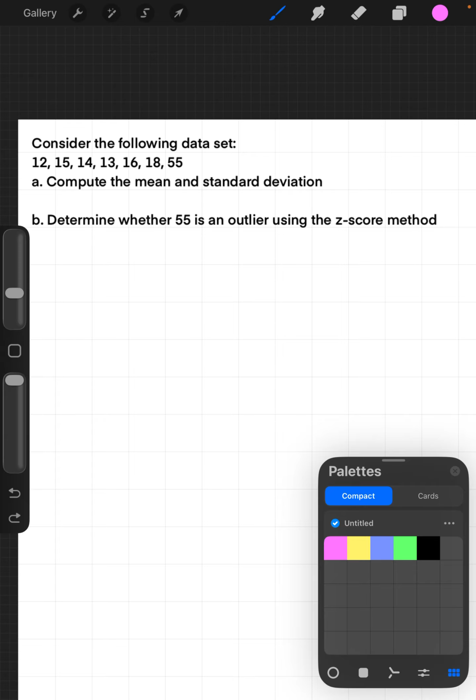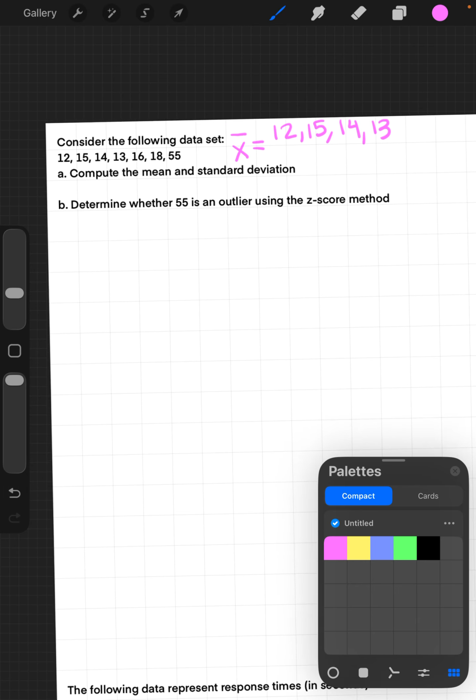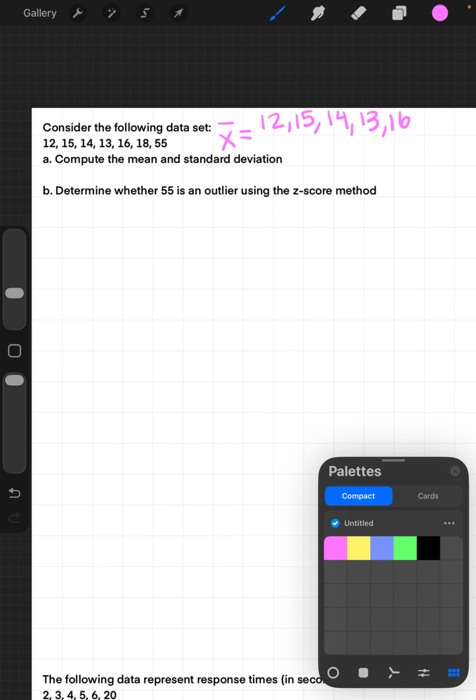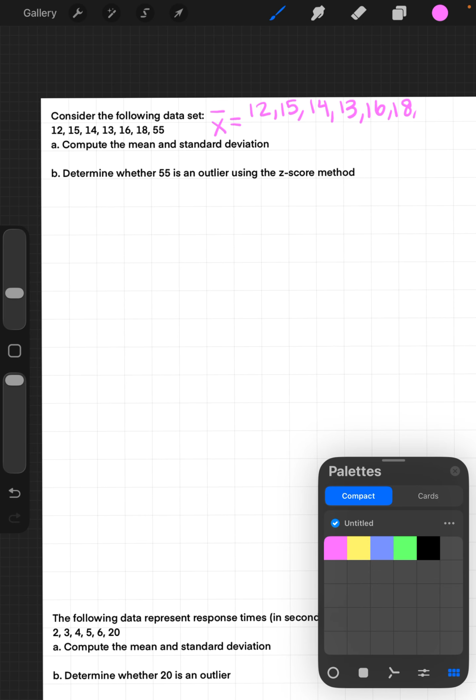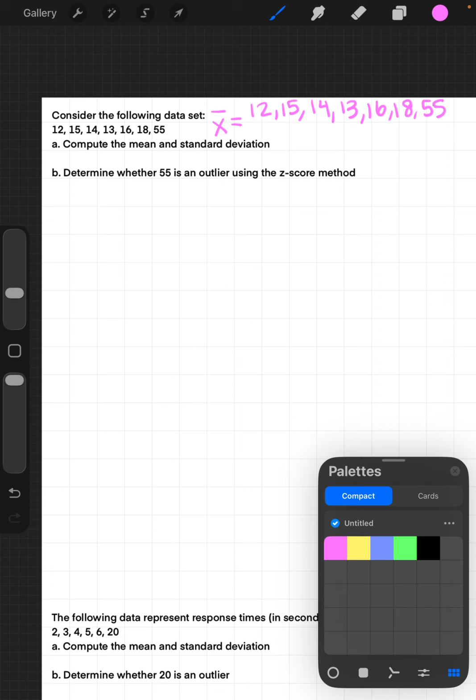Okay. So first thing we're gonna do is find the mean. Our mean is equal to all of these. So I'm gonna do 12, 15, 14, 13, 16, 18, and 55. And I'm gonna divide it by our n, and our n is 1, 2, 3, 4, 5, 6, 7.